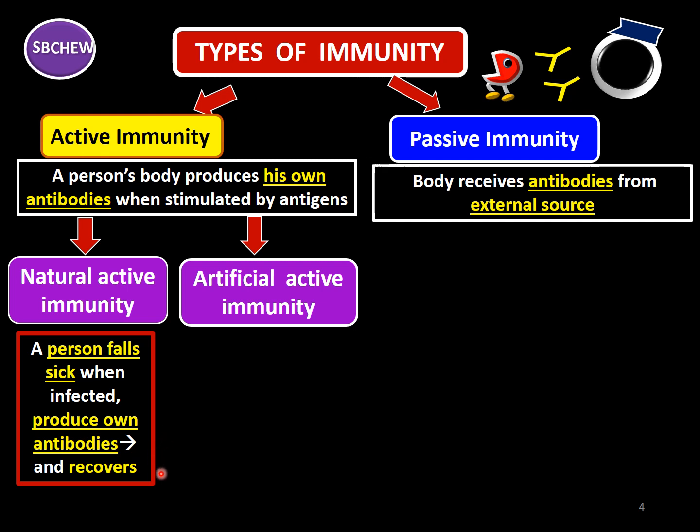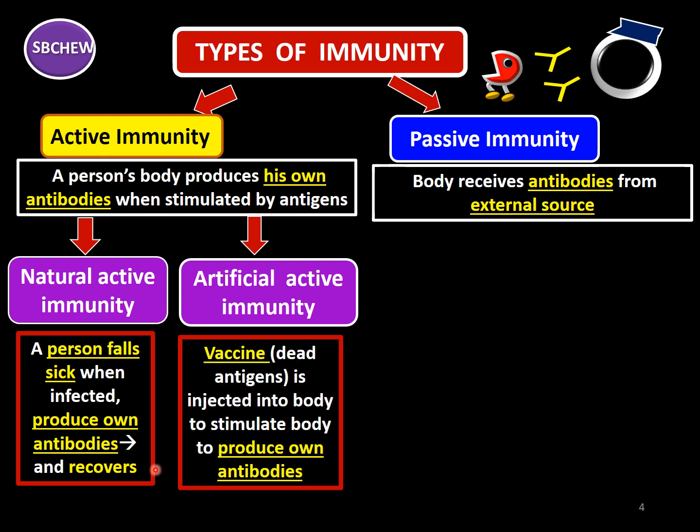And finally, when the antibodies reach a high level, beyond the level of immunity, he recovers. After that, he has memory cells, which are lymphocytes, that can produce the same specific antibody again, should there be a second infection. And when the second infection occurs, the production of the antibodies is very fast and also in great amounts. And this will destroy the pathogens so that the person doesn't fall sick at all. So he's said to have natural active immunity against the disease.